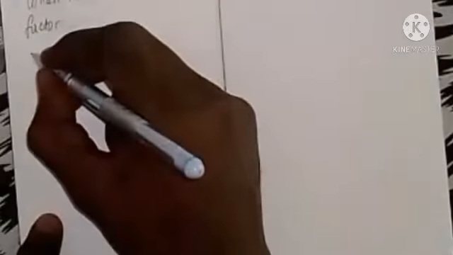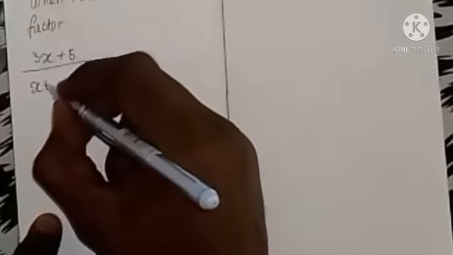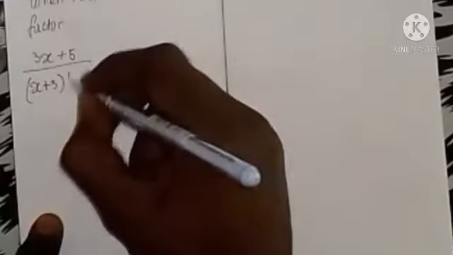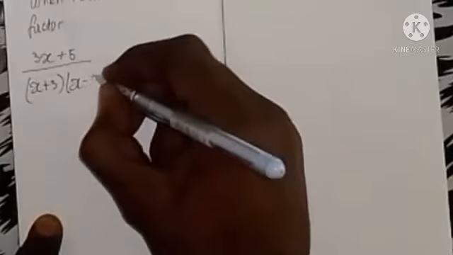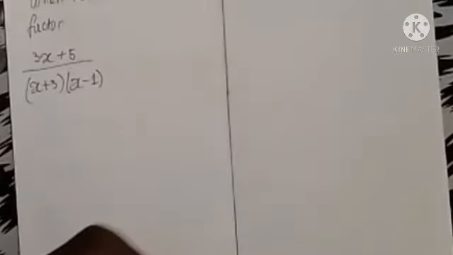We can have an example here: 3x plus 5 divided by x plus 3 into x minus 1.